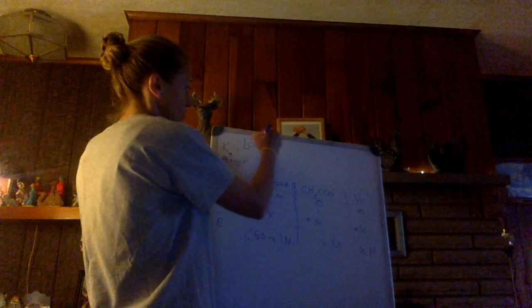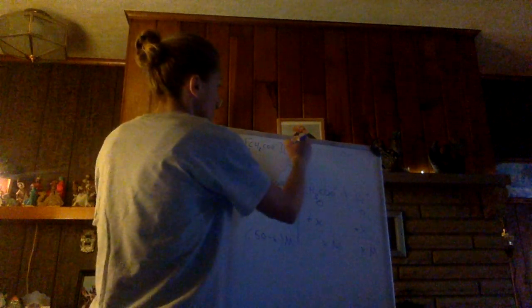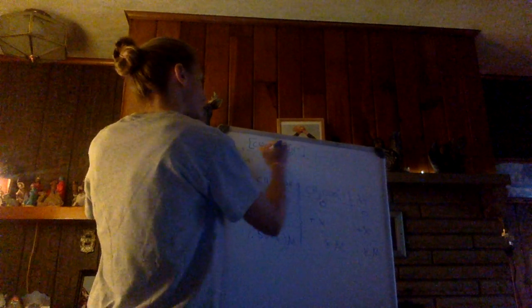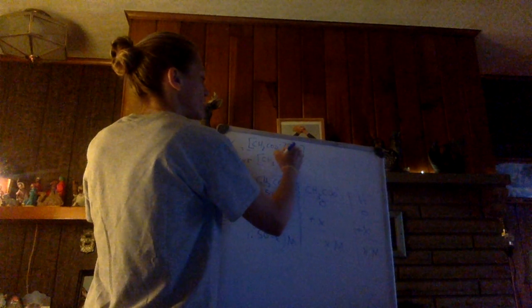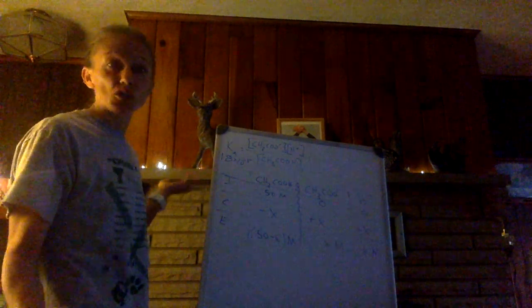But more importantly, it's going to be my concentration of CH3COO minus. It doesn't matter if you write that or the H plus first. And H plus on top, and CH3COOH on the bottom. Same as our K expressions always are.